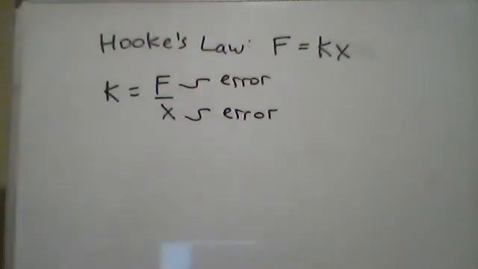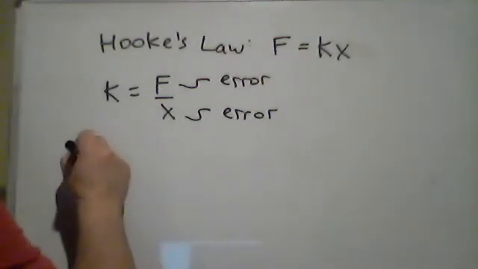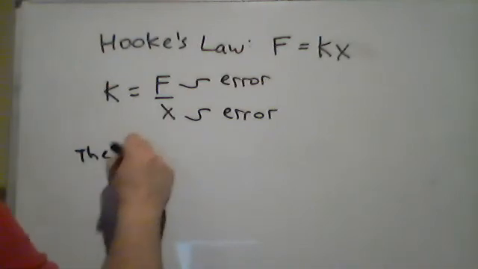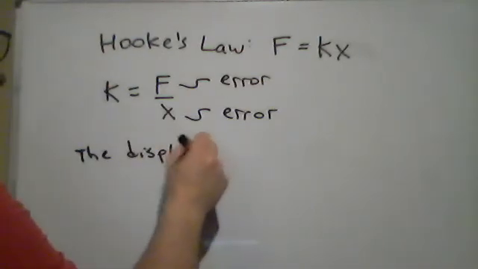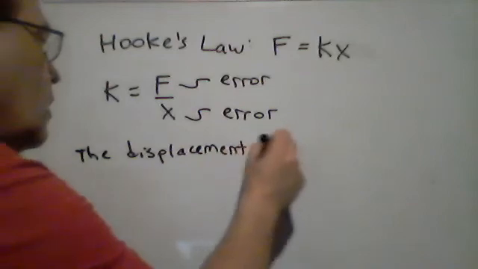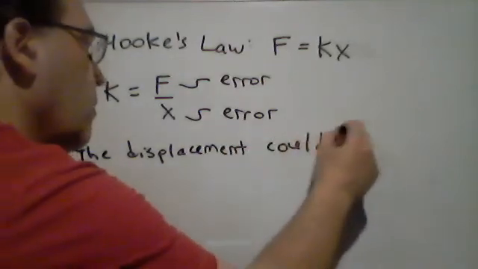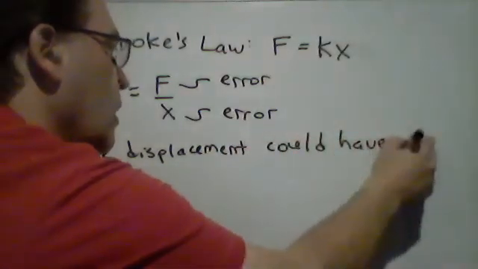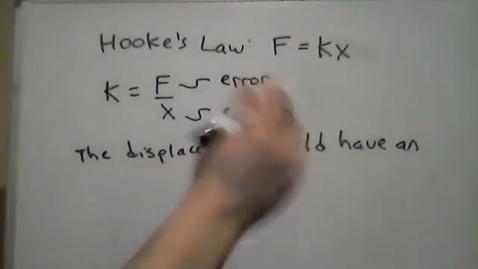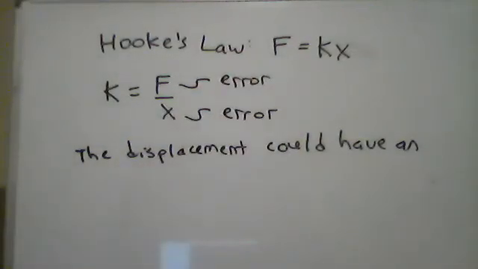You can have an offset. Your displacement could have an offset. What I mean by that is that all the values are off by the same amount, and they're wrong.